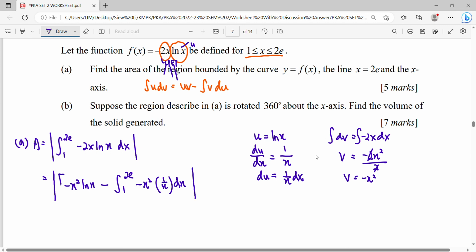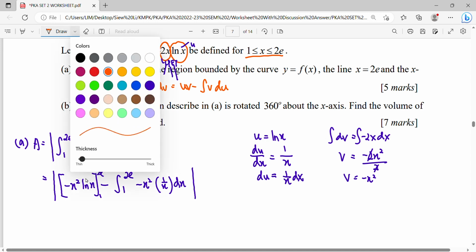Of course this one we already integrated, so the upper limit, later on when we finish every part of the integration, then only we substitute upper limit minus lower limit, so we can remind. Okay, remind like that.